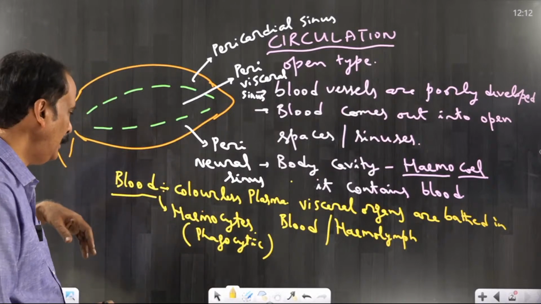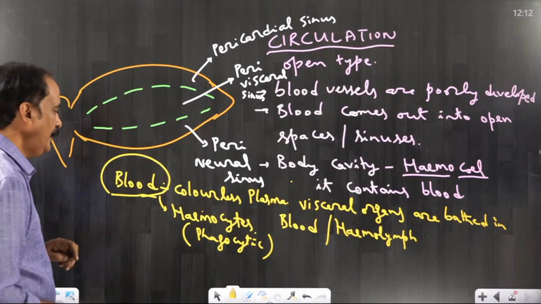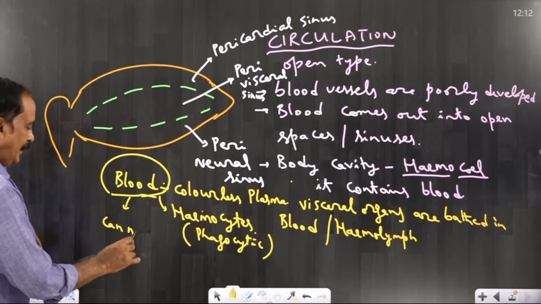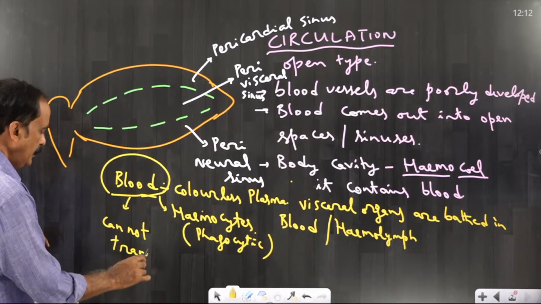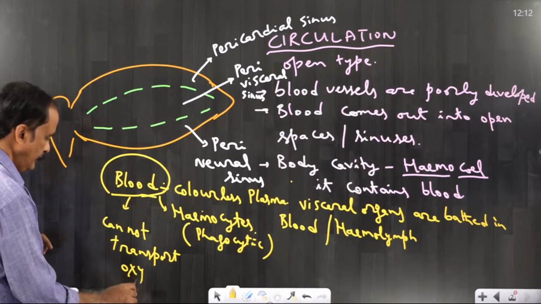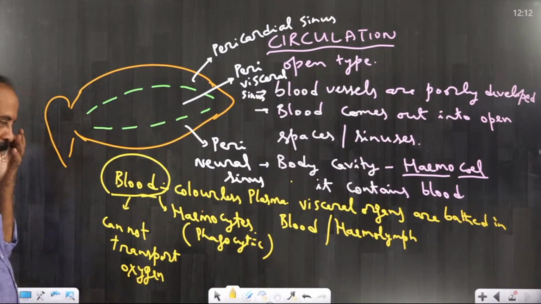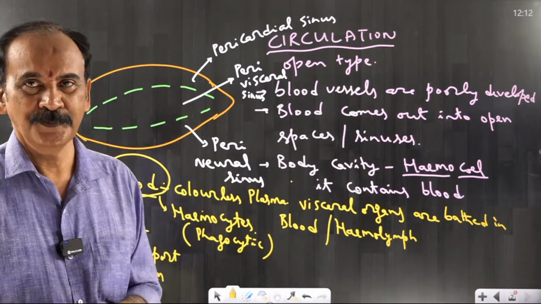And the blood won't contain any pigment. So that means blood in cockroach cannot transport oxygen. Blood in cockroach is unable to transport oxygen because there is no pigment.